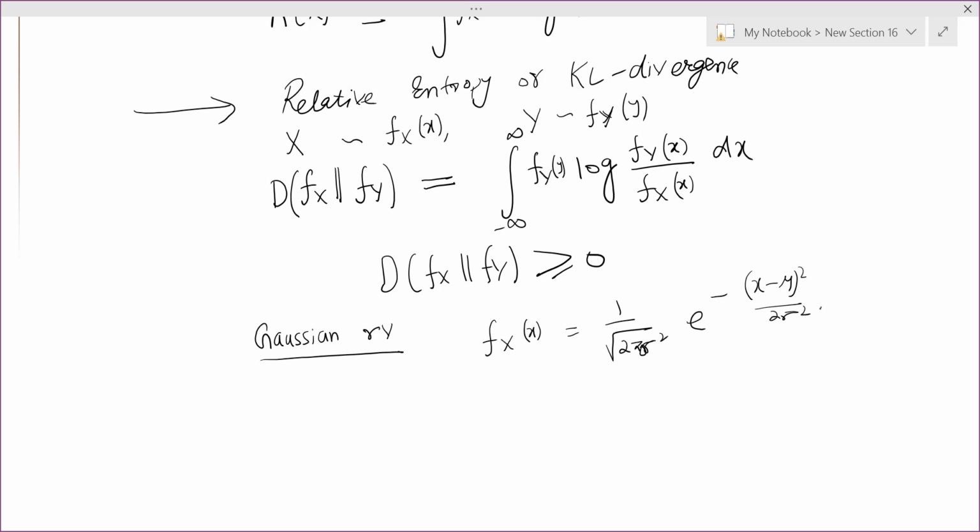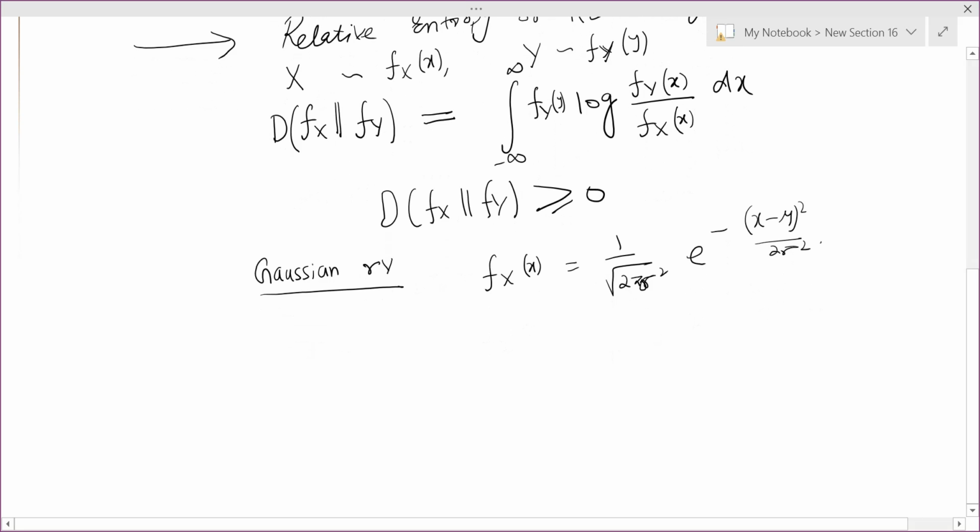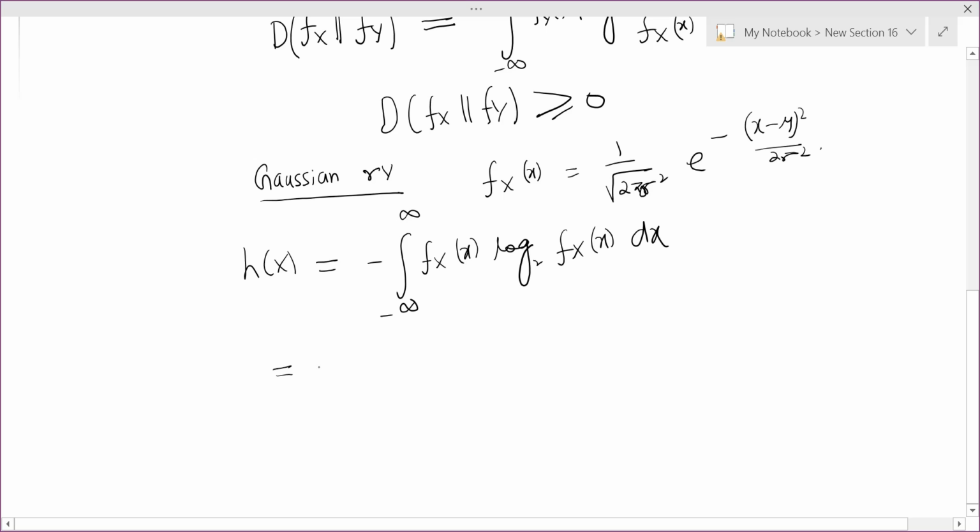Now, what is the entropy of a Gaussian distribution? So we will use the definition. h of x is integral from minus infinity to infinity fx of x log to the base 2 fx of x dx. Okay, so this will be equal to minus integral 1 over root 2 pi sigma square.